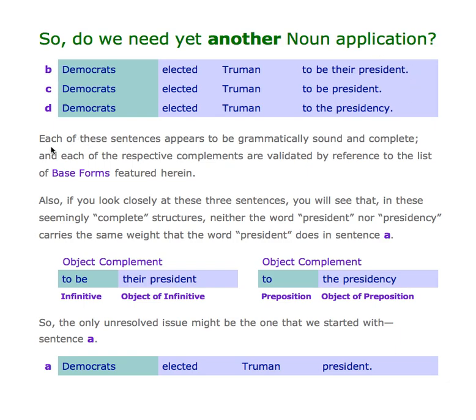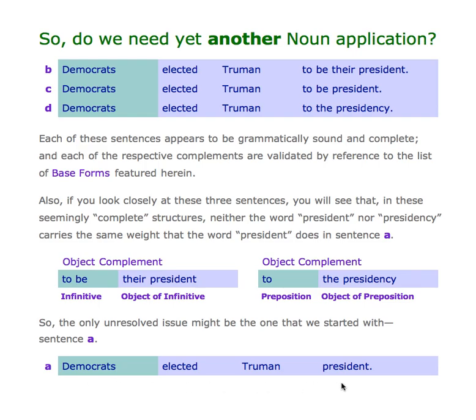Each of these sentences appears to be grammatically sound and complete, and each of the respective complements are validated by reference to the list of base forms featured herein. That's my list of base forms. Also, if you look closely at these three structures, you will see that in these seemingly complete structures, neither the word president nor presidency carries the same weight that the word president does in sentence A. Now you see sentence A, all right?